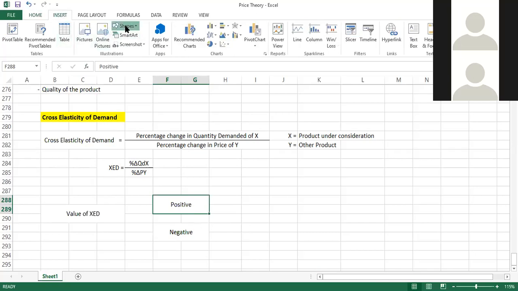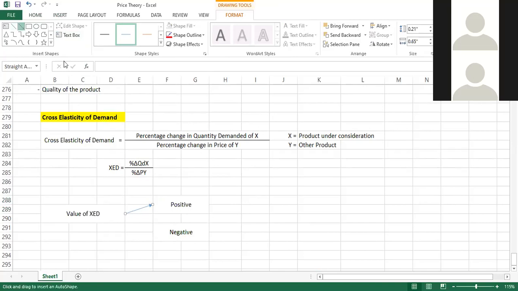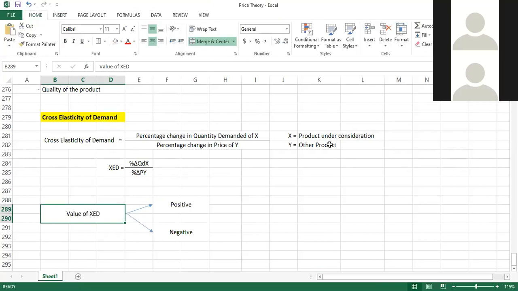That means for some products the cross elasticity of demand will be positive, and for some it will be negative. Which category will have positive cross elasticity of demand? Other product means, there are two categories we discussed: substitutes and complements.